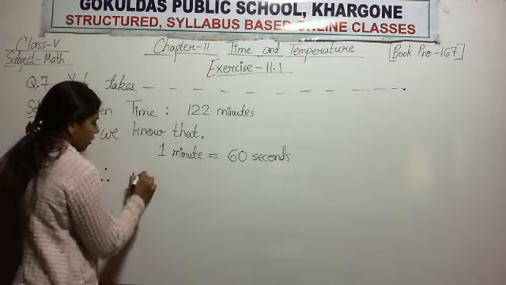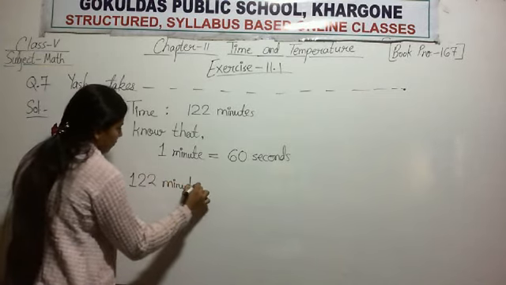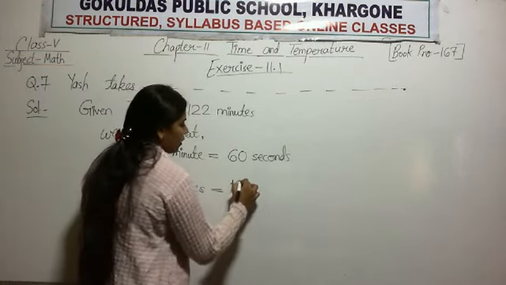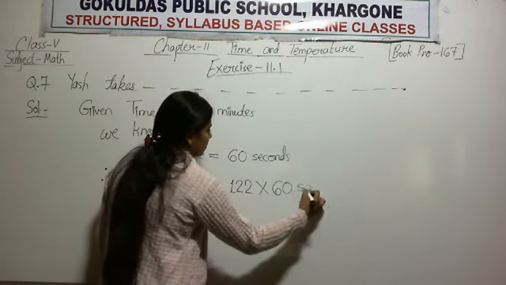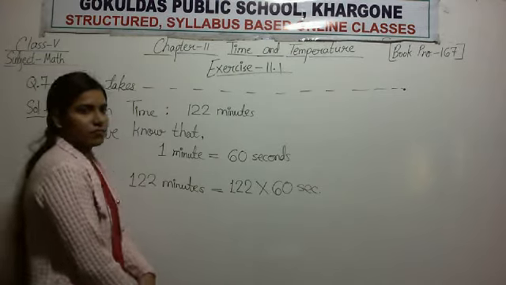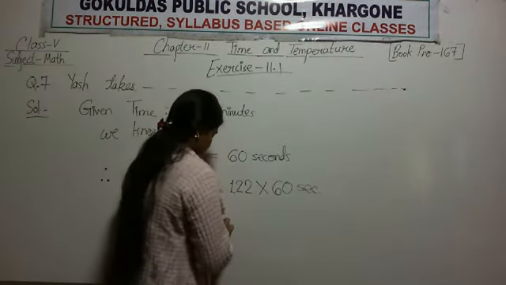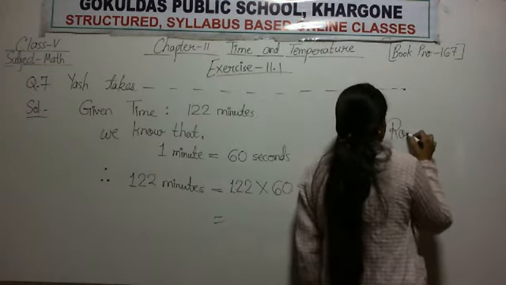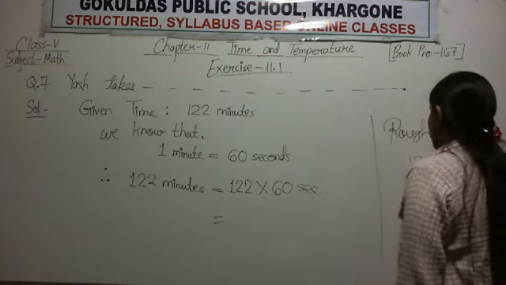Therefore 122 minutes will be equal to 122 multiplied by 60 seconds. Now multiply both the numbers in rough work. Arrange both the numbers column wise and multiply them.